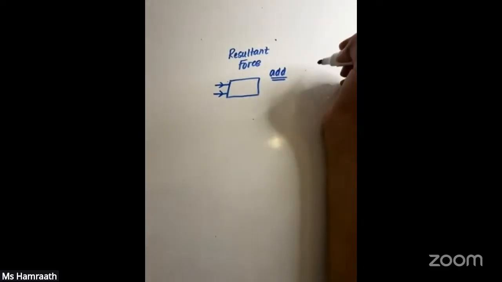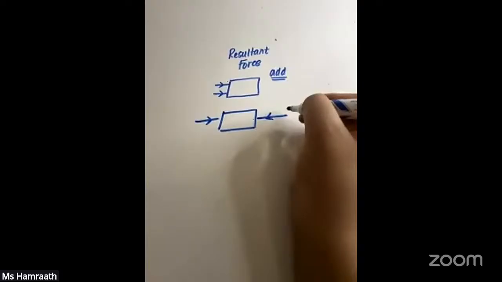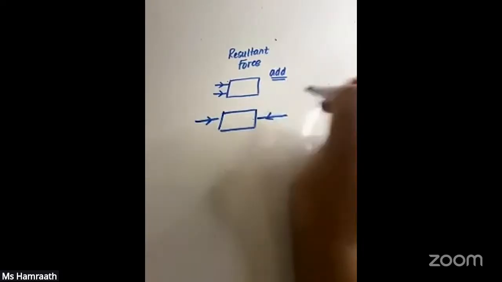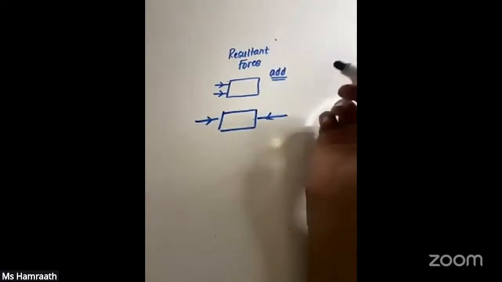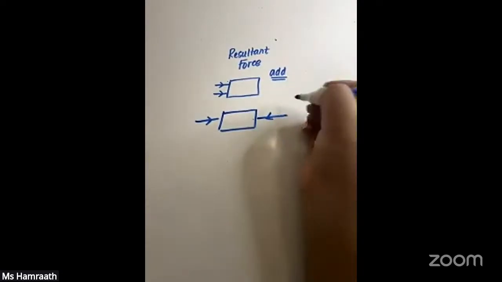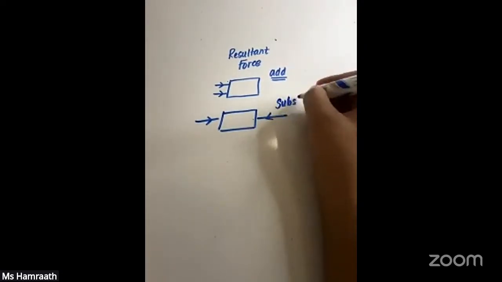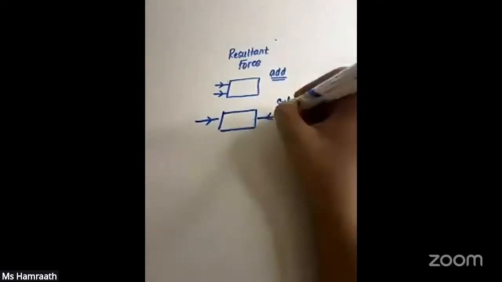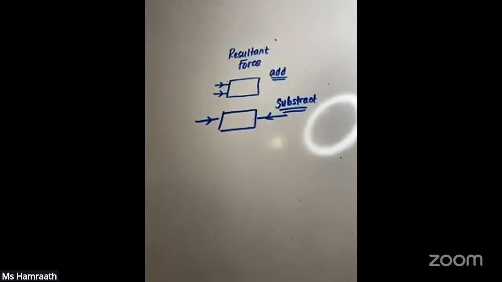And if you have a force that is opposite to the direction, will you add or subtract them? You will subtract them. So this is the simple idea of the resultant force, right?